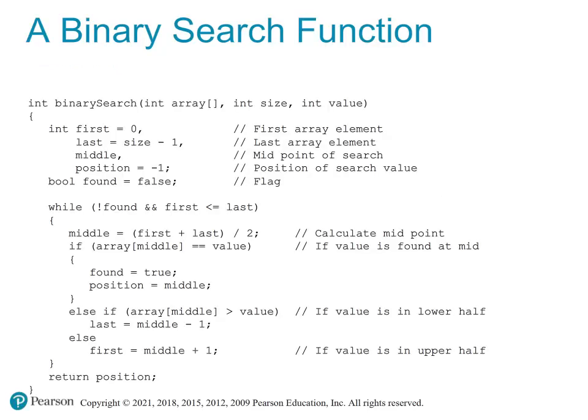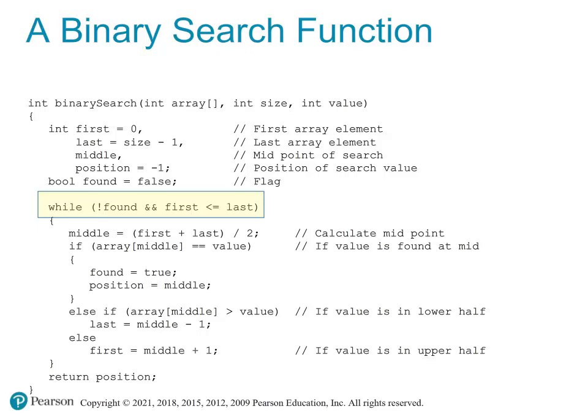The function binary search takes an integer array, its size, and the target value to be located. We start by initializing variables. First is set to 0, last is set to size - 1, and the position to -1. We also have a Boolean flag found set to false.